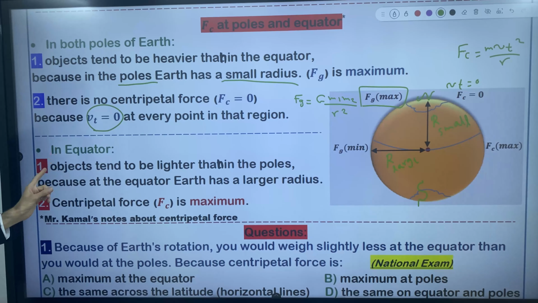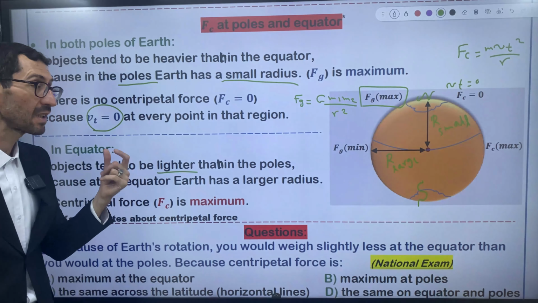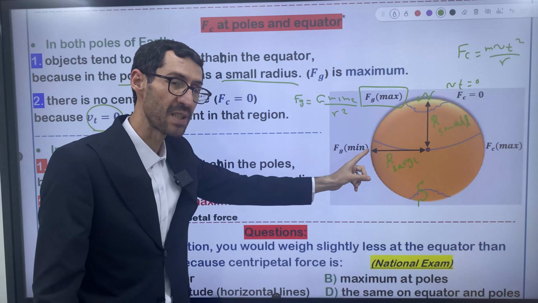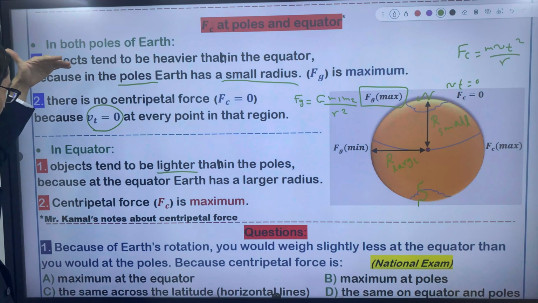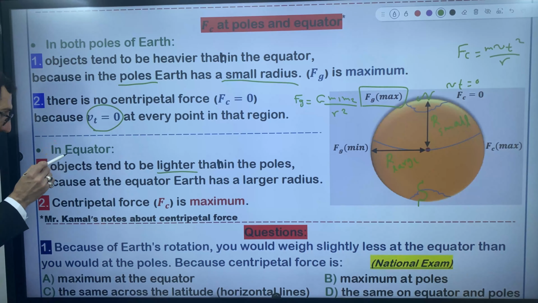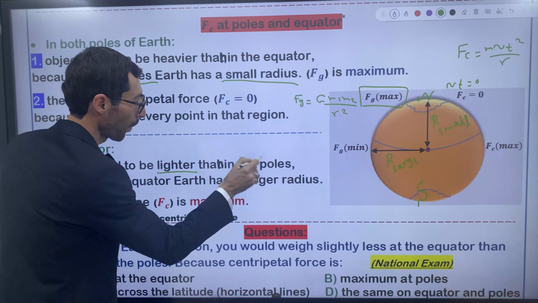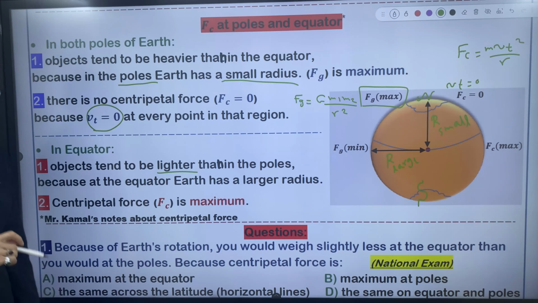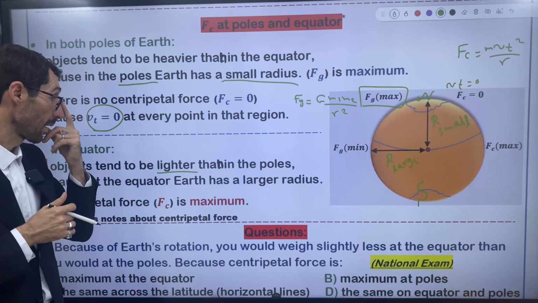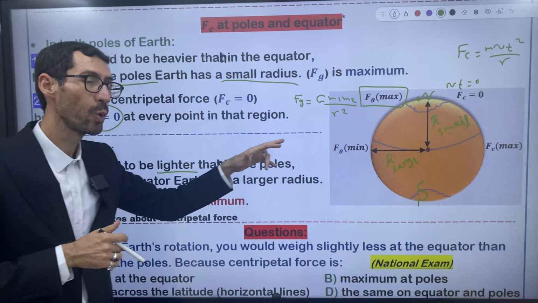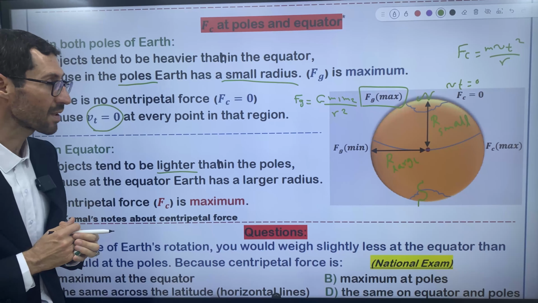Anyway, at the equator, objects tend to be lighter than at the poles, right? Why?